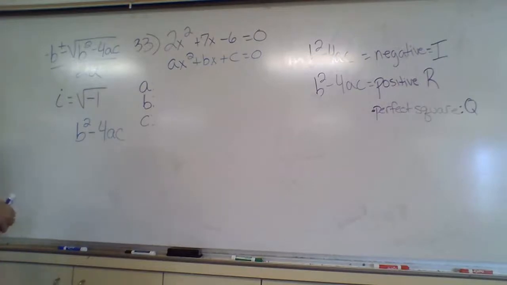So identify A, B, and C, and then substitute them into your discriminant and solve. And then say if they are imaginary or real, and if they're real, are they rational or irrational? Pause me and do that, please. Try it by yourself.